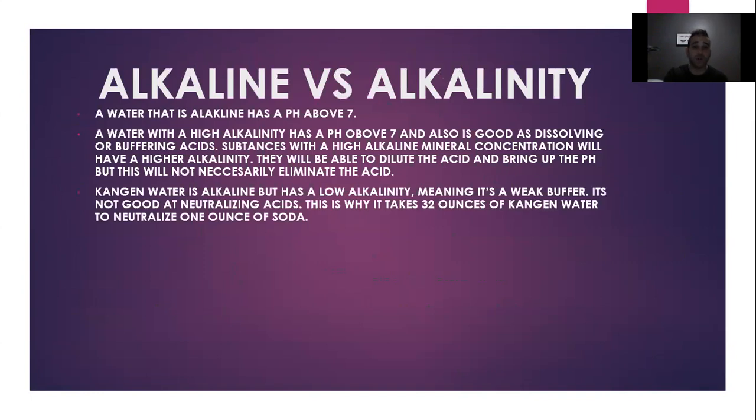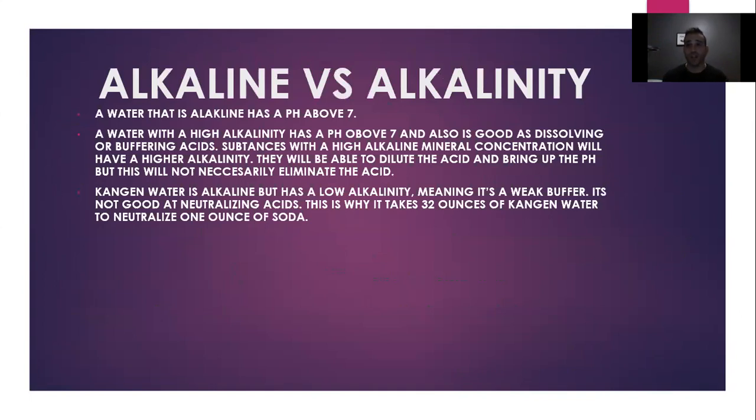Kangen water is alkaline but has a low alkalinity, meaning it's a weak buffer. It's not good at neutralizing acids. This is why it takes 32 ounces of Kangen water to neutralize 1 ounce of soda. Just because something is alkaline doesn't mean it has a strong alkalinity.